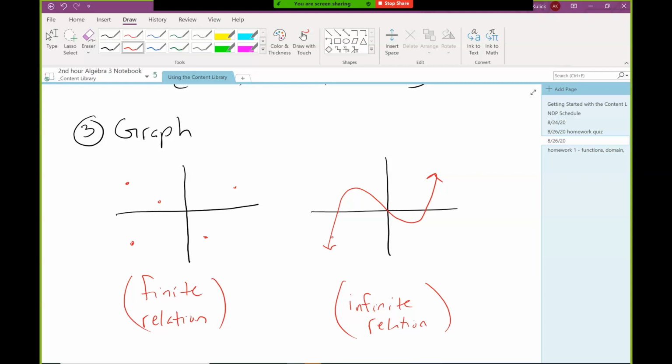So as long as you have some piece of the graph that's connected, you have an infinite relation going on there, even if there are other points scattered around. If you have one part of it that's connected, there's infinitely many points on a segment. So if you have any connection on there, you're dealing with an infinite relation.